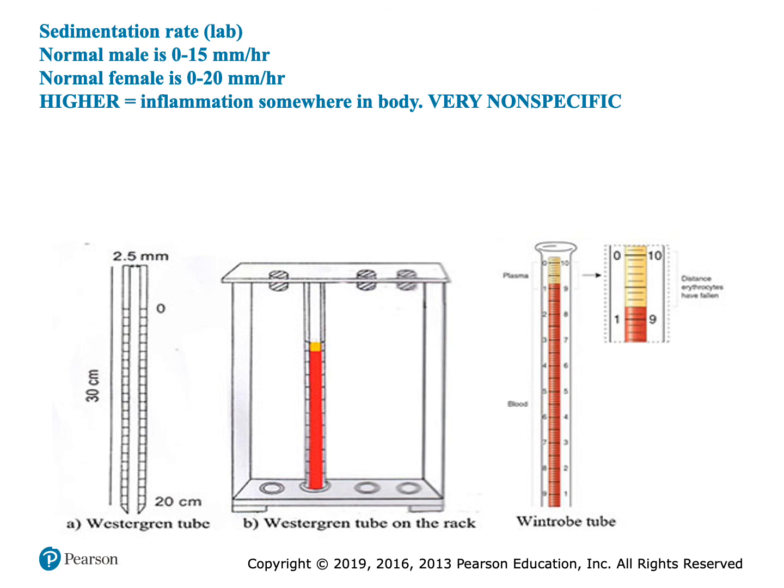So normal drop on those formed elements for man is 0 to 15 millimeters. So this little space right here is measuring the drop in the hour of those formed elements.